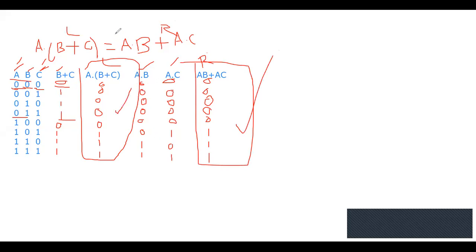So now draw the circuit diagrams here. A dot of B plus C. So first, this is A. Okay. B plus C. This is B, this is C. Plus operation means OR.